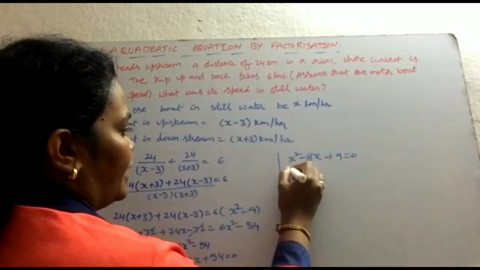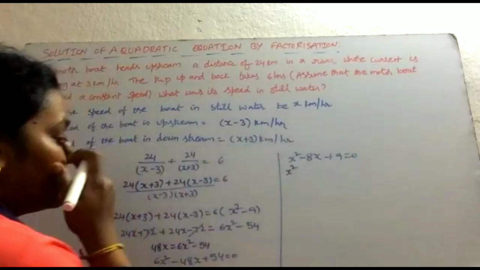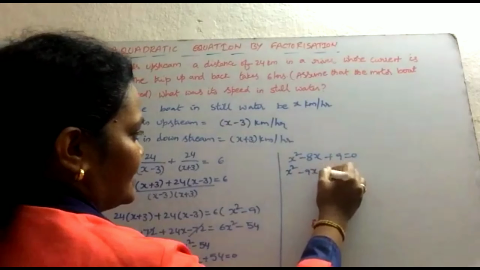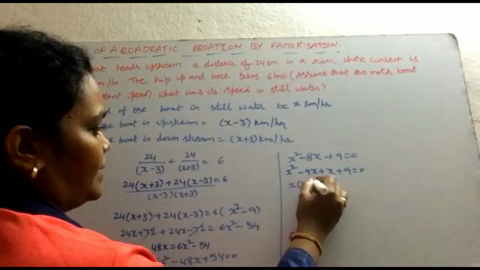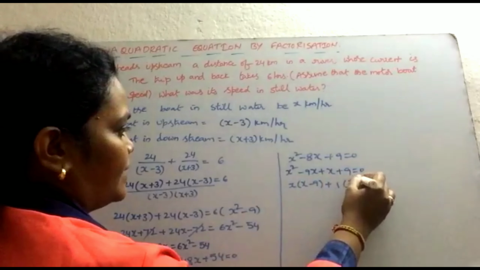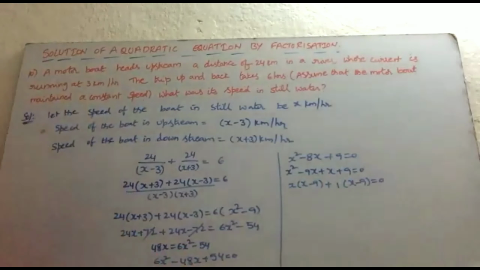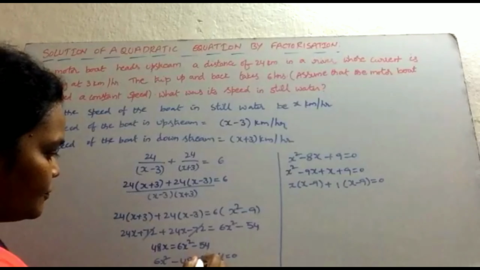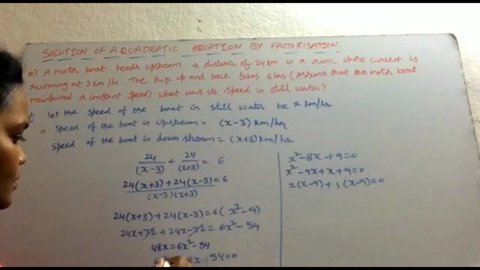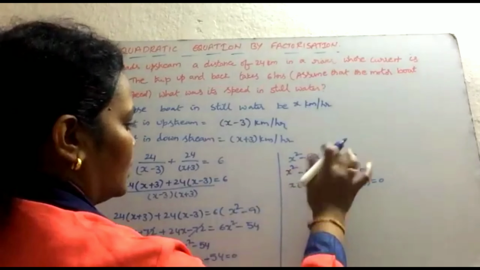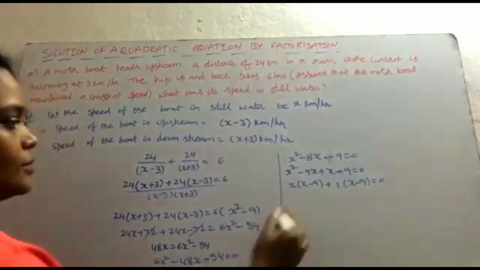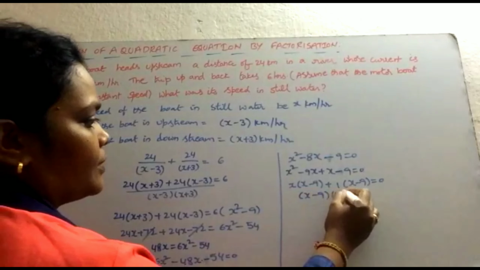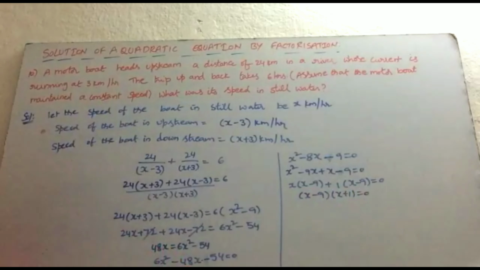So minus 9x plus x plus 9 equal to 0. So x into x minus 9 plus 1 into x minus 9 equal to 0. So x minus 9 into x plus 1 equal to 0.